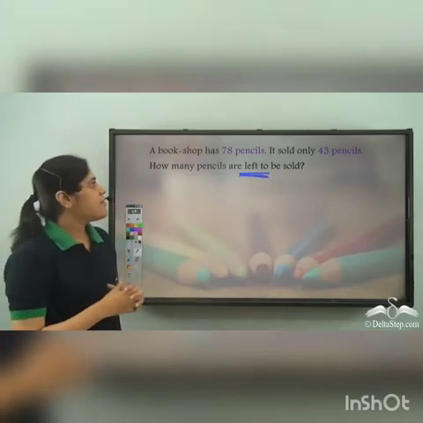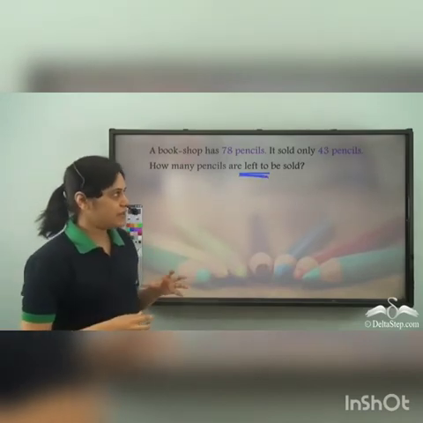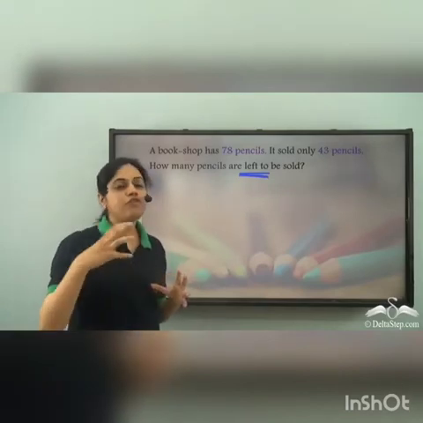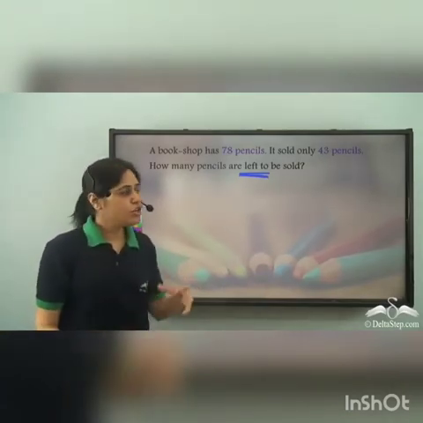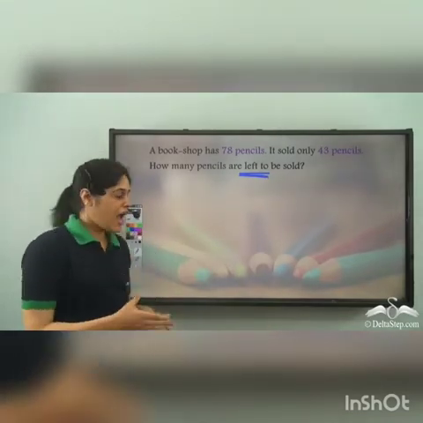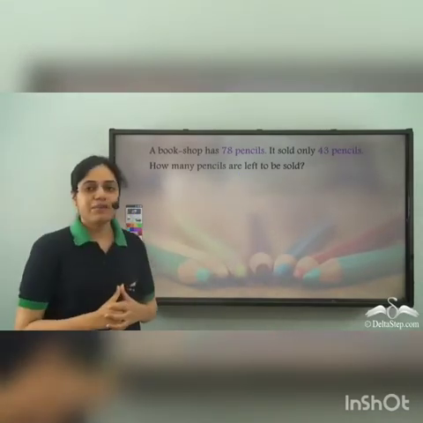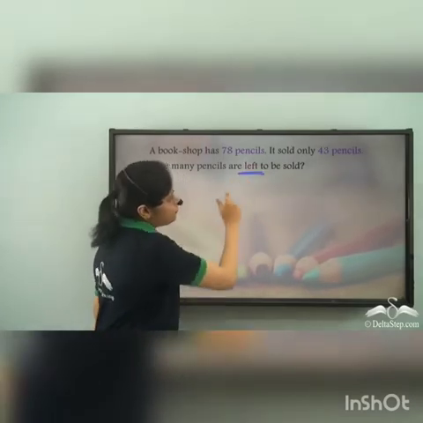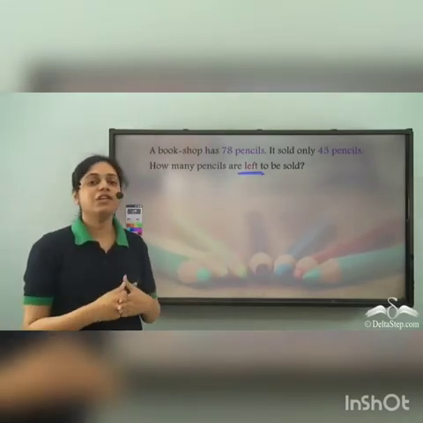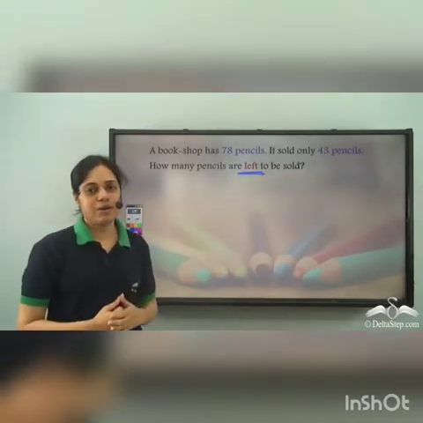That means when the bookshop had 78 pencils and it sold 43 pencils, that is 43 pencils were taken away. So how many were left? And we know taking away means subtraction. So this word left over here means we need to subtract the given numbers.